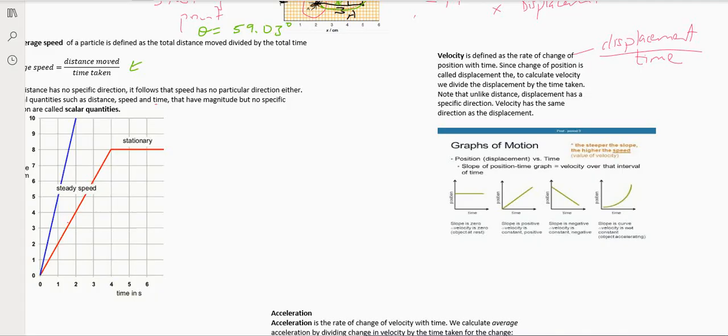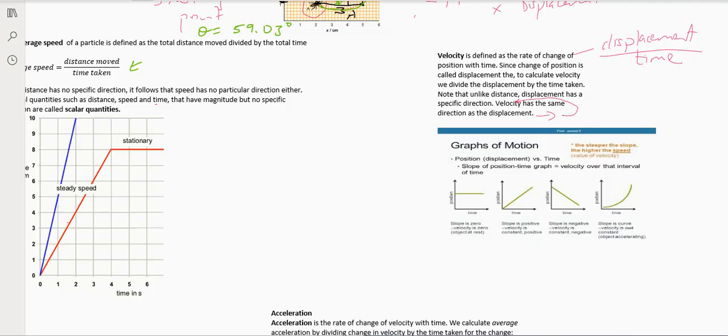And velocity has the same direction as the displacement. So guys, it is the displacement that allows velocity to have a direction. Just remember that. And we did talk about displacement having a direction already, and how we were able to find that when we looked at the example above.